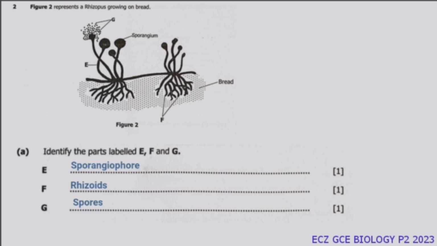If there was just 1 line, I could have called it rhizoid. And sporangiophore is the one that holds the sporangia. Okay, those are the answers we are supposed to write.